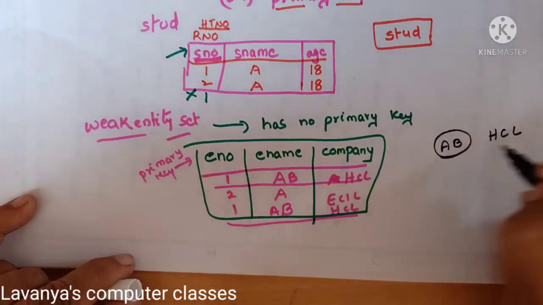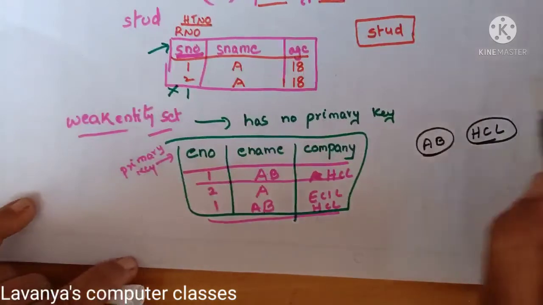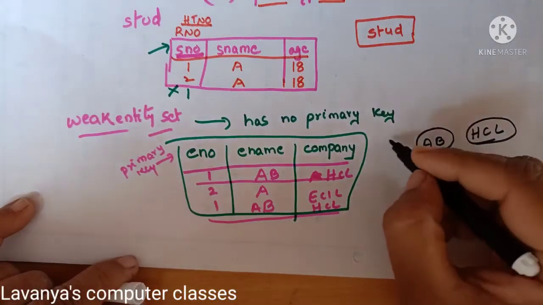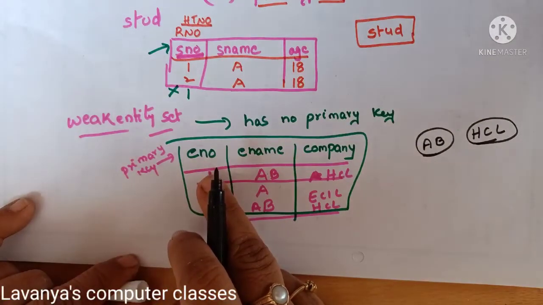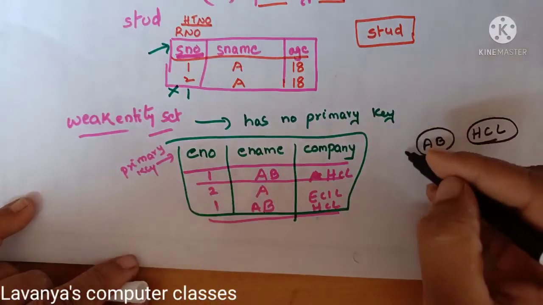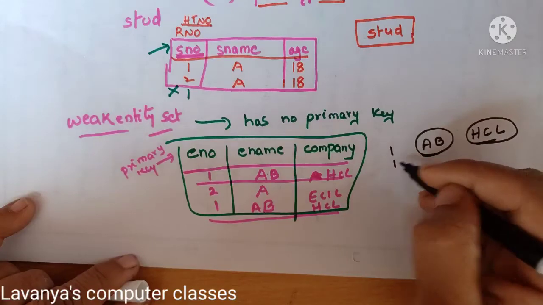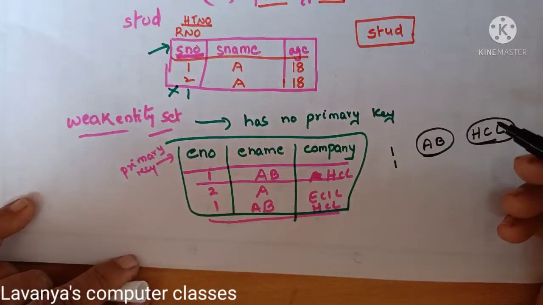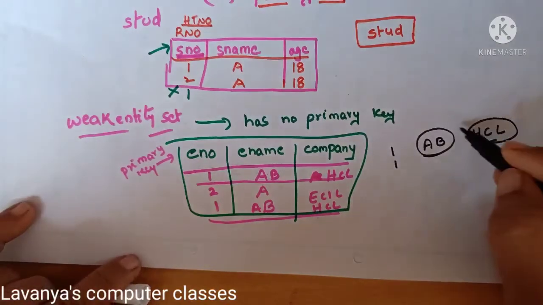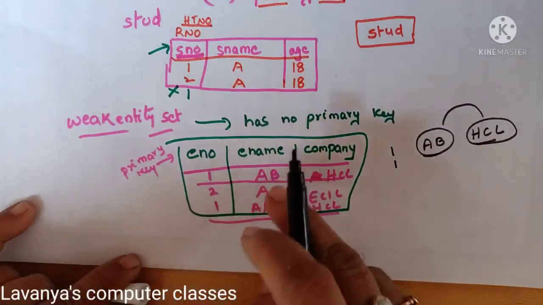So these two things can be common values, but compulsorily the employee number should be different. But you have not mentioned any primary key concept here. If you enter employee number 1 twice, that is also accepted. So how can you differentiate these two employees? There is no separate field.